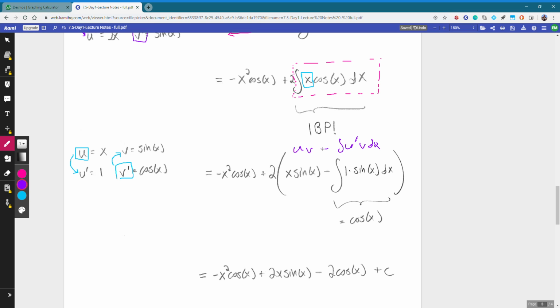And all of this is being multiplied by our constant multiple of 2. So here I've used giant parentheses to show that. And feeding everything in where it goes, we're left with just the integral of sine, which we know is negative cosine.